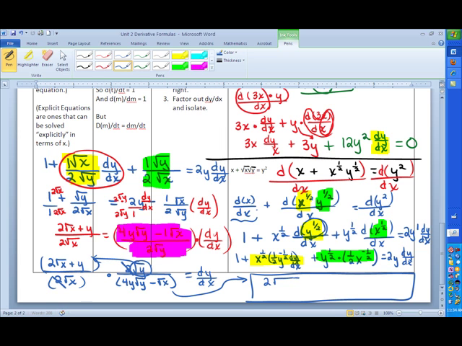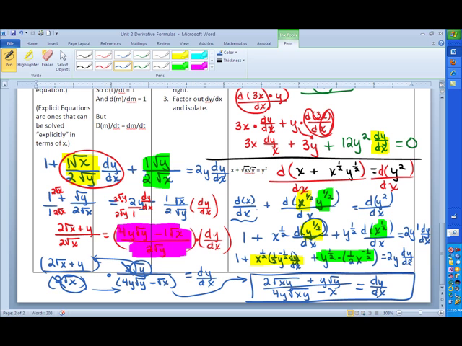So it will be 2 square roots of xy plus y square roots of y over, and on the bottom we're going to distribute this square root of x to everything. So we're going to get 4y square root of xy minus square root of x times square root of x is square root of x squared, which is just x. And that is our speed function for that.